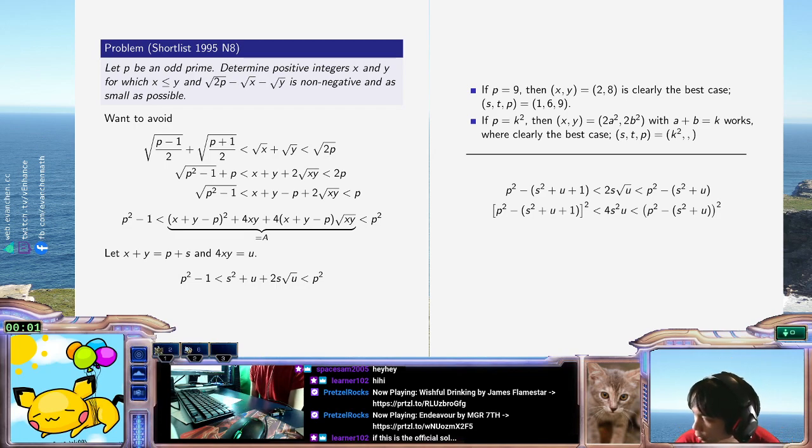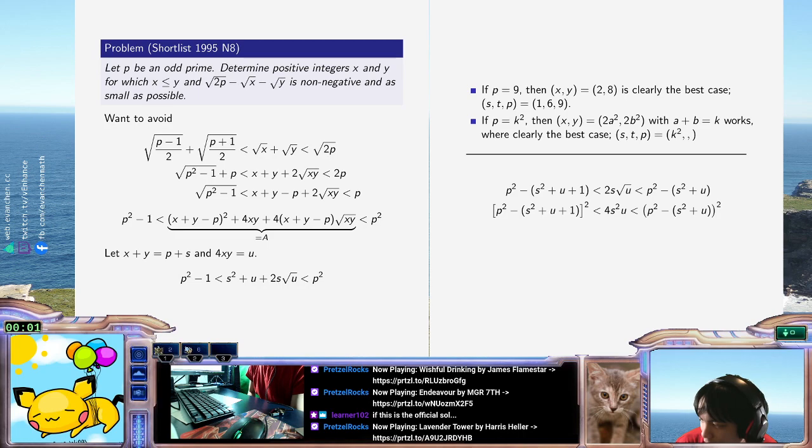Whoop-de-doo. Unfortunately, in all the equality cases, u is actually a perfect square. So maybe I want to show the... I don't know. I have no idea. What am I doing?